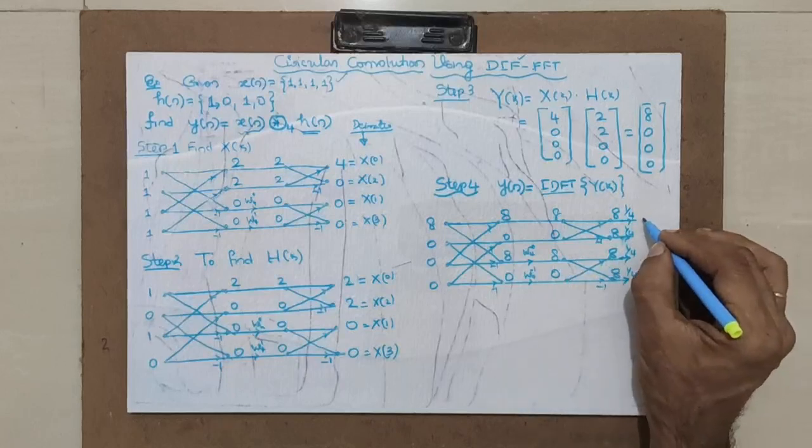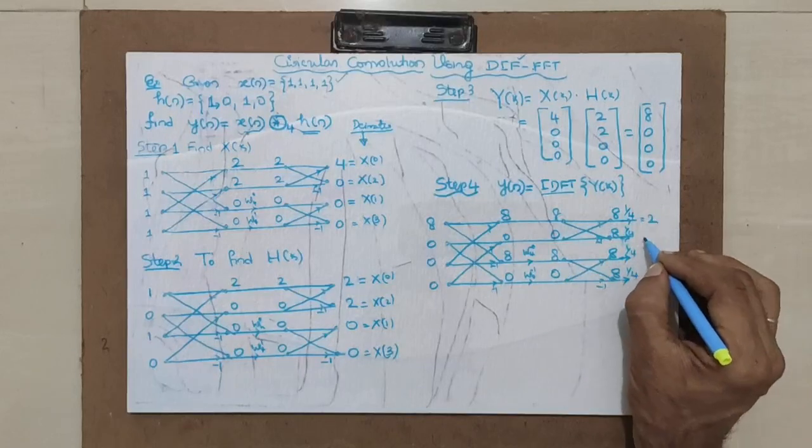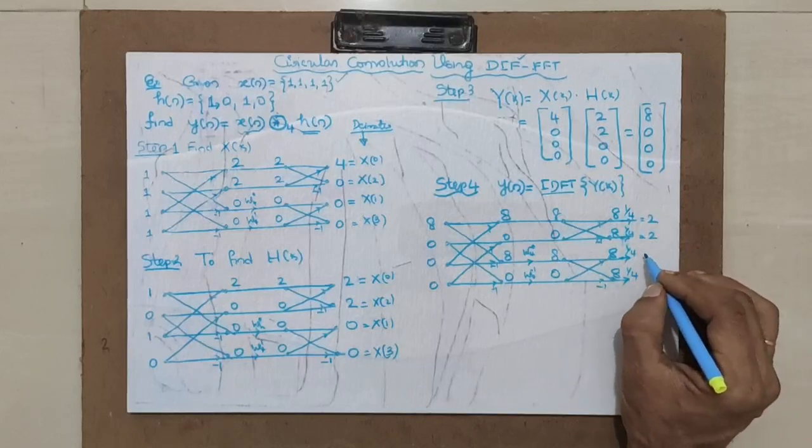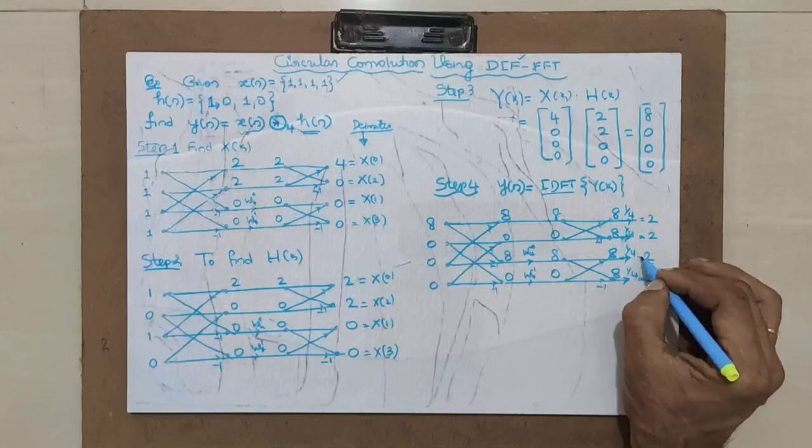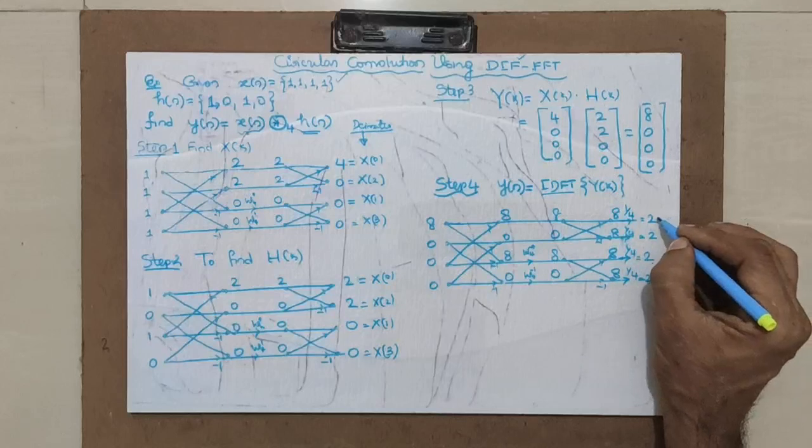Now after multiplying with the factor of 1 by 4, it becomes 2, 2, 2, 2. Now all these answers are written, but these are decimated. Please note that these are decimated.